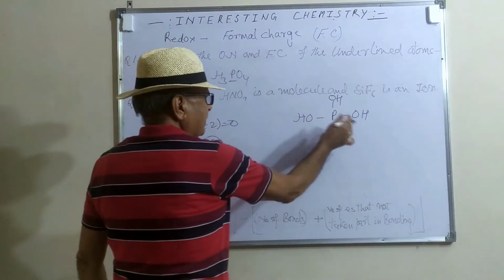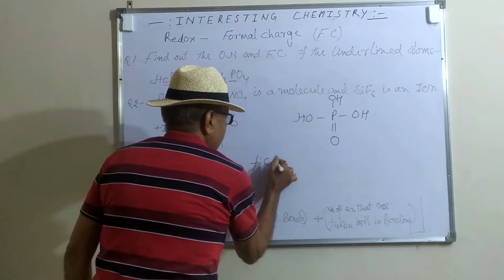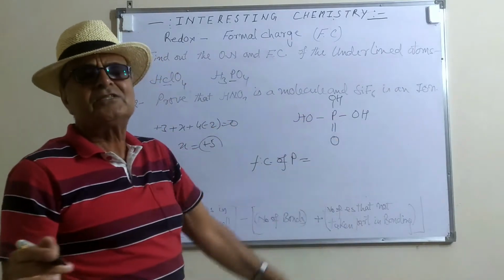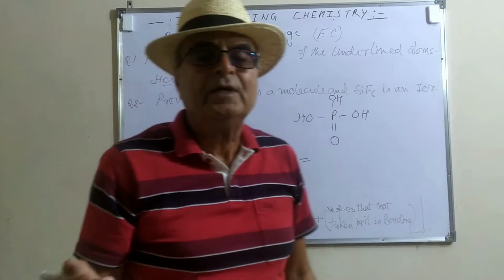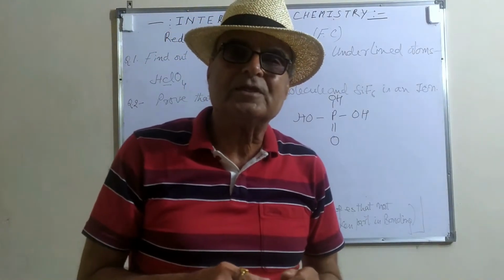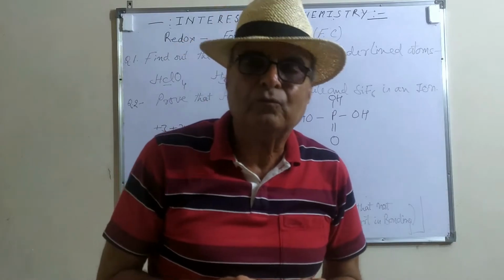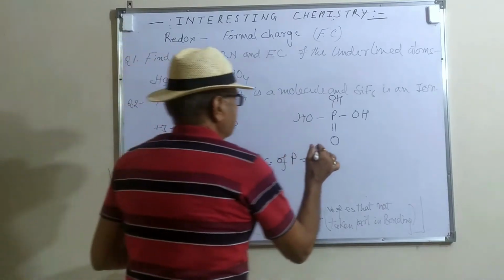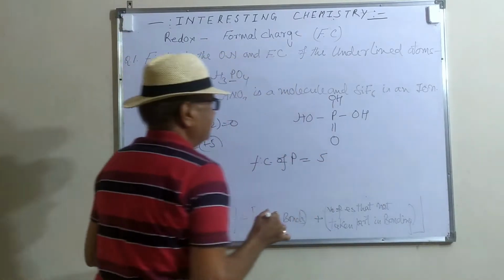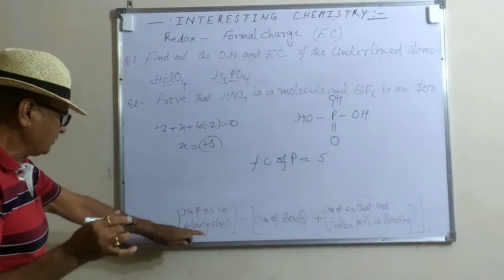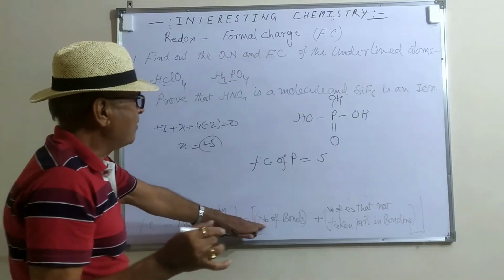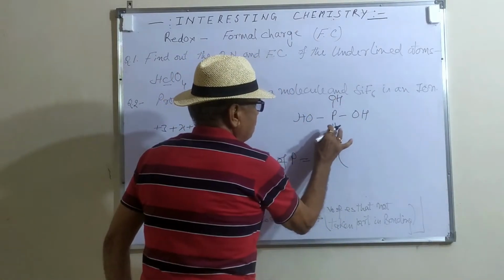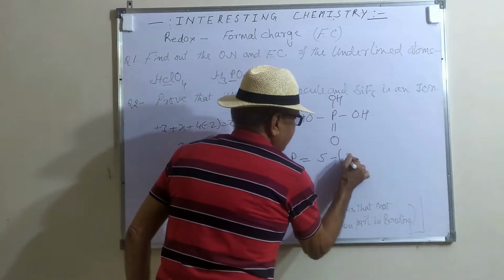You can also calculate it. The FC of P is equal to the number of electrons in the valency shell of phosphorus. The atomic number of phosphorus is 15, so you can write 2, 8 and 5. So there are 5 electrons in the outermost orbit. Number of bonds here 2, 3 into 2, 3 and plus 2, 5.